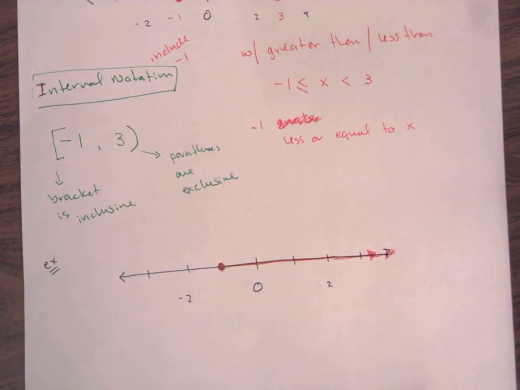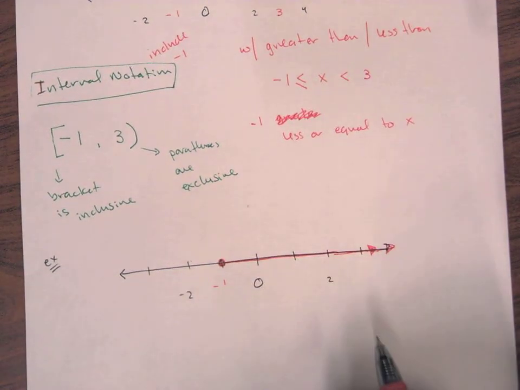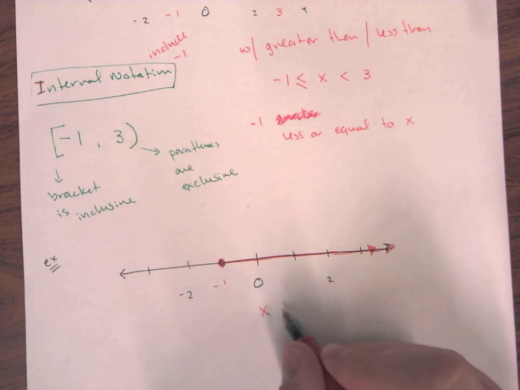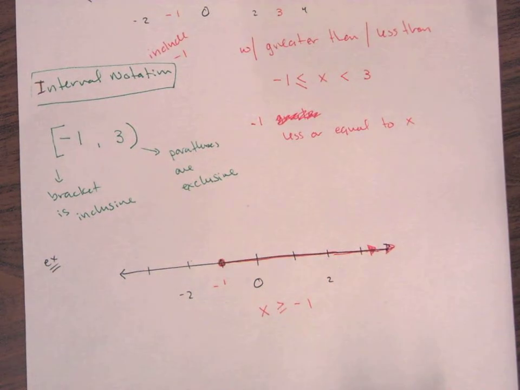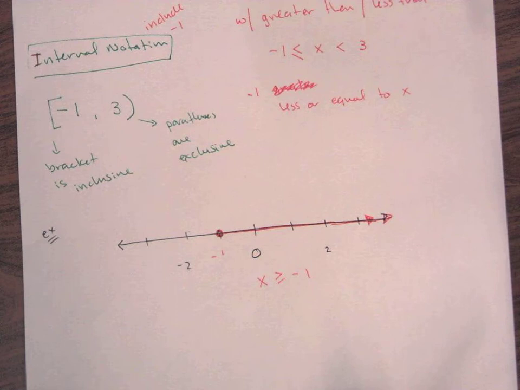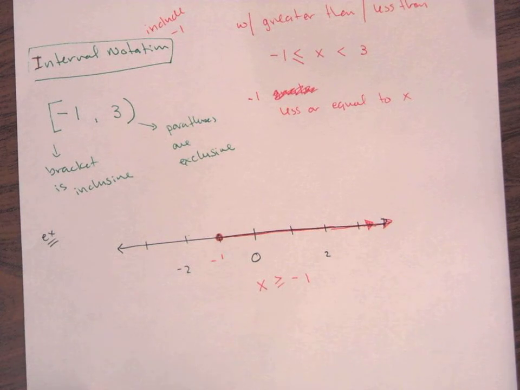So up through +3 and then just continuing onwards. So starting at -1, including it, and then everything bigger than that. So this would be x is greater than or equal to -1. So our x is bigger than -1 or it's equal to that. There's no upper bound, there's no high value here, there's no max value. We're just going on and on and on forever. In theory, what that means is we're going off to infinity.